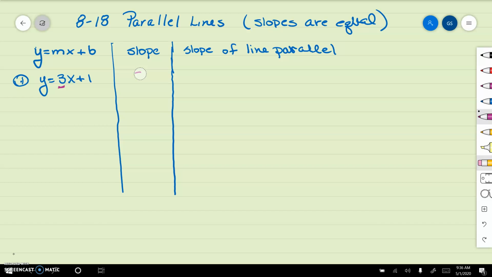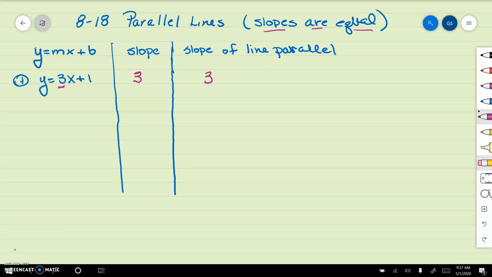In the second column, we're going to write the slope, which is 3. In the third column, we are going to write the slope of the line parallel. Well, for parallel lines, the slopes are equal. So if the slope of your first line was 3, the slope of the line that is parallel is 3. Okay, so that's easy enough.